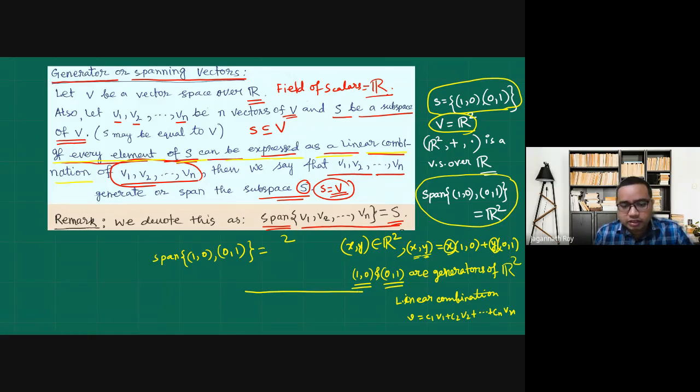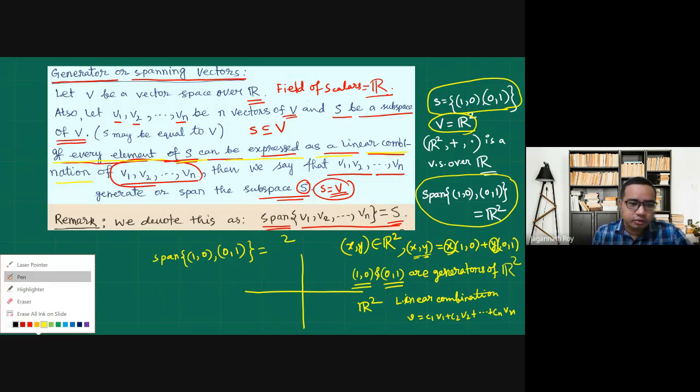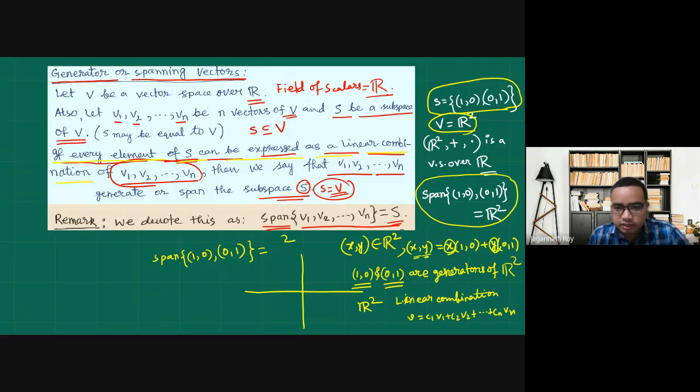So what we are saying is, if we have a two-dimensional space, we take particular points (1, 0) and (0, 1). Now suppose we take (5, 6), which belongs to R2.